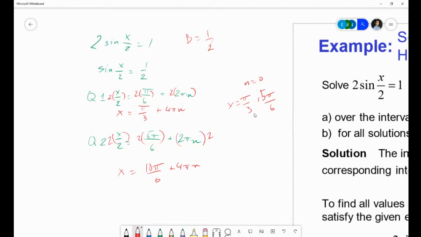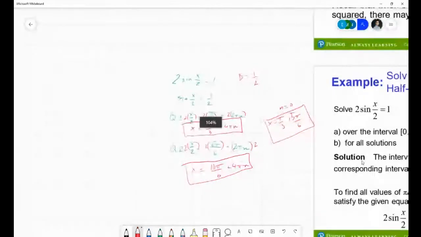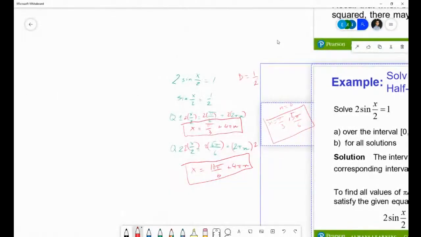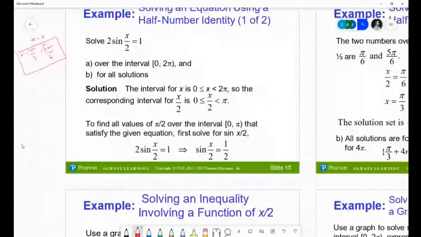So I only have one solution for each equation, and that would be it. And if I want to solve for all solutions, I would give these 2 equations.